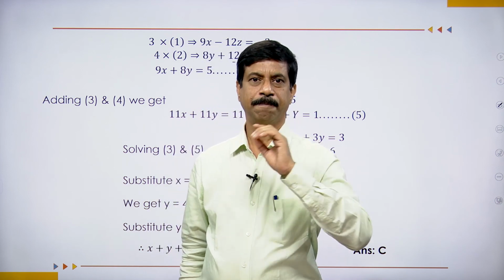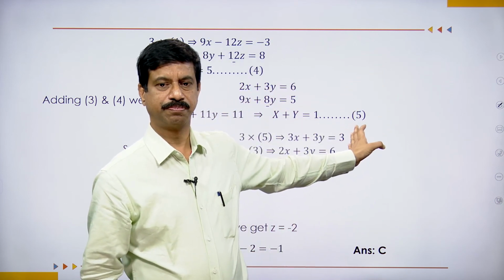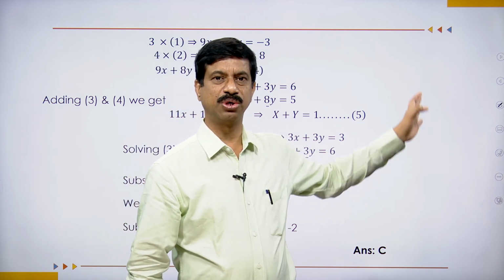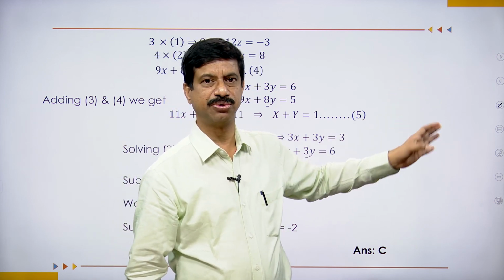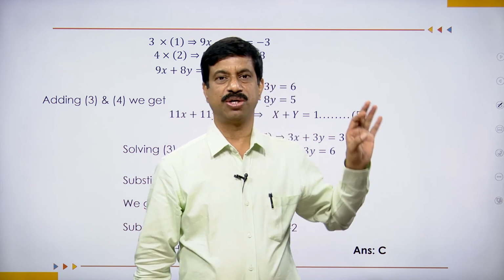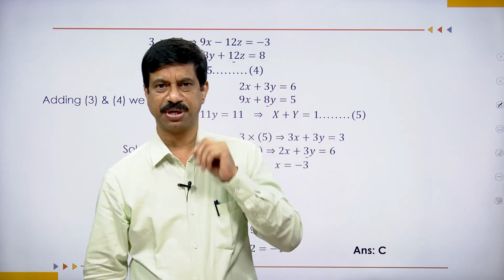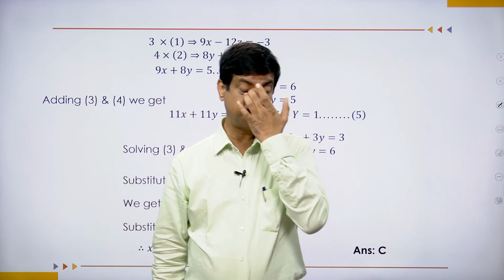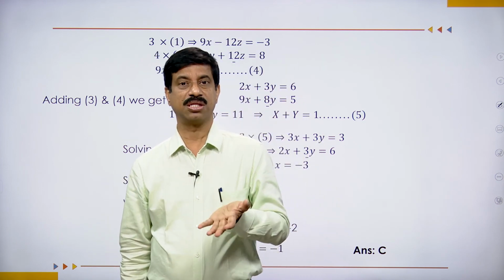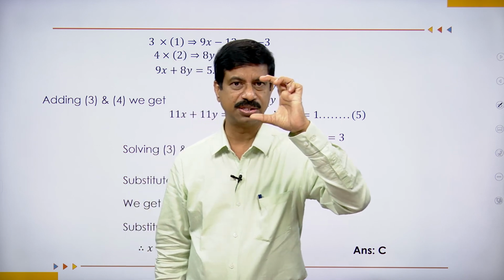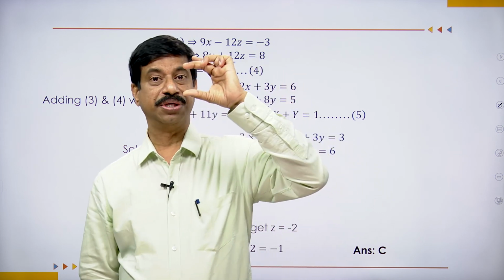For example, we discussed a problem where a1 by a2 equals b1 by b2 equals c1 by c2, or a1 by a2 equals b1 by b2 is not equal to c1 by c2. This is simple logic, a concept. It cannot be used as a formula. It is a concept, whether it is 2 parallel lines or 2 coincident lines.